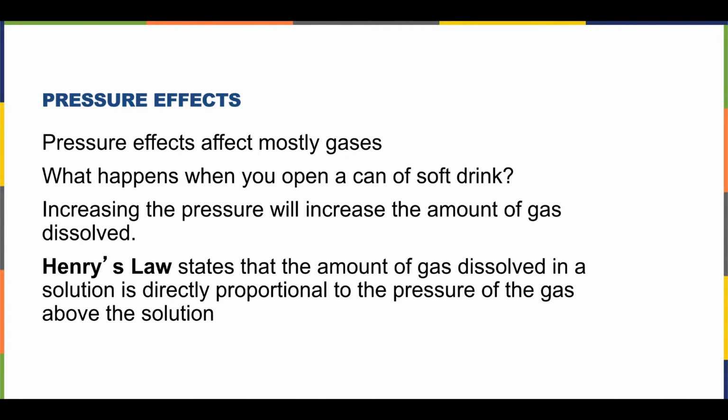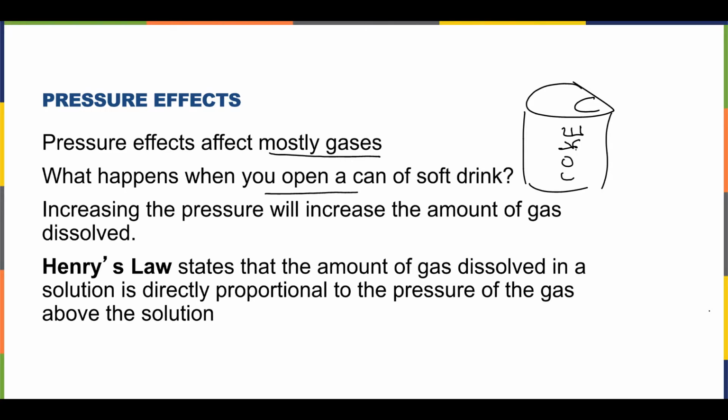Pressure. Pressure affects mostly gases in water. So, for example, if you have a nice can of Coke, and we open up our can of Coke, we know that our bubbles are going to come out of our Coke. And we know the first thing that's going to happen is the CO2 is going to come off. So, why does that occur? Well, first of all, how do we get the CO2 in there?